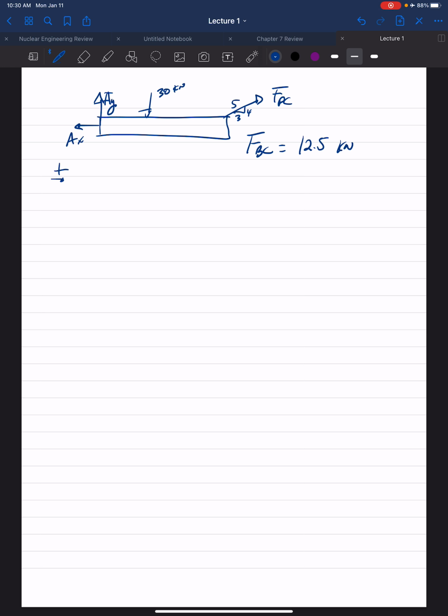So then, sum of my forces in the x direction. You have your FBC, we already know now, is 12.5 kilonewtons times the 3/5 ratio to get the x component of FBC, minus AX equals 0. AX is 7.5 kilonewtons.